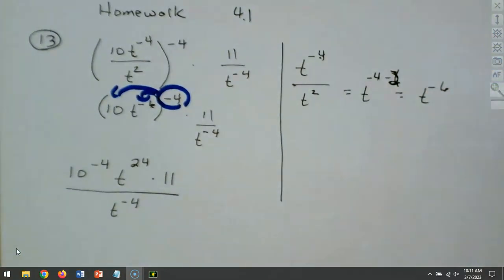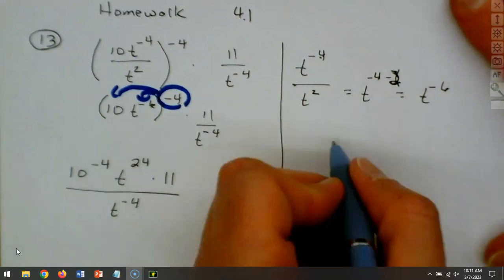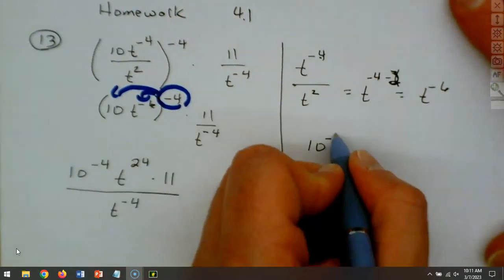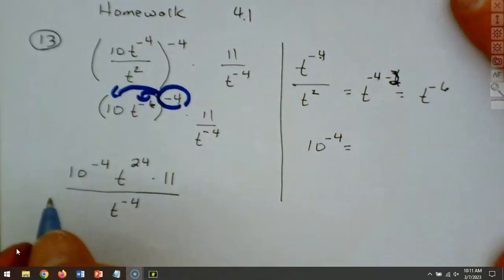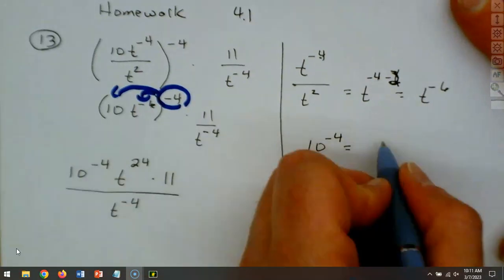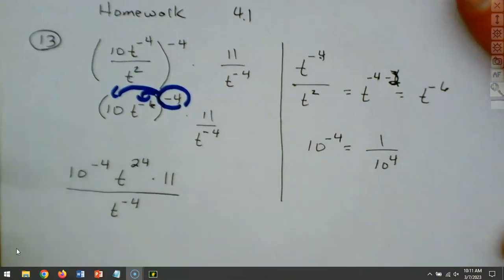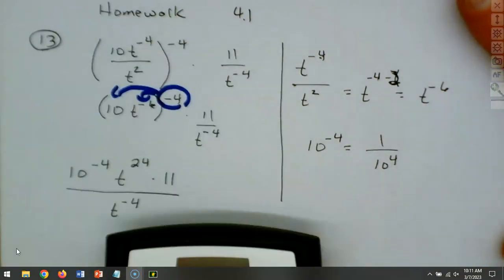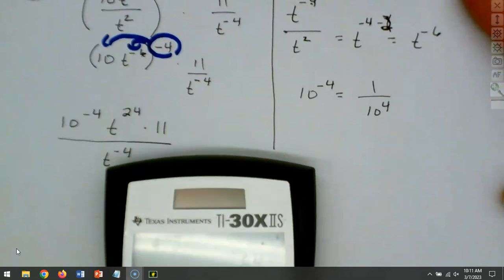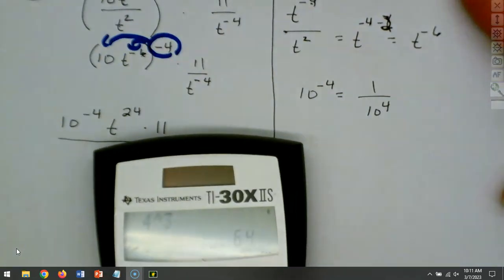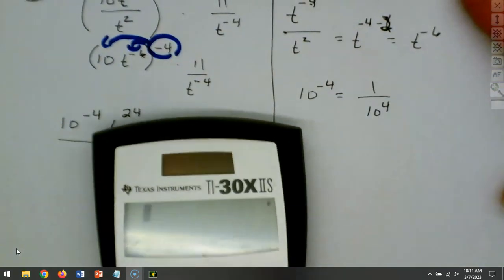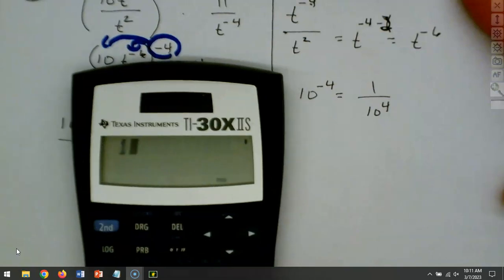Now, we need to break this up as much as we can. What do we know about 10 to the negative 4th power? Well, 10 to the negative 4th power would be 1 over 10 to the 4th power. And what's 10 to the 4th power with our calculator? Let's try that. 10 caret 4 is going to come out to be 10,000.